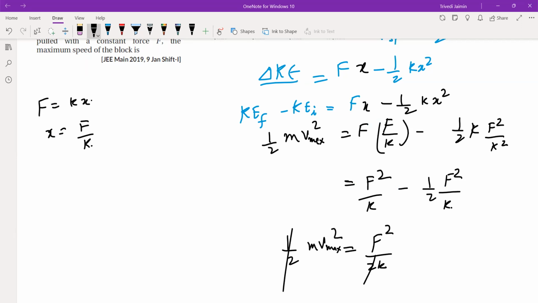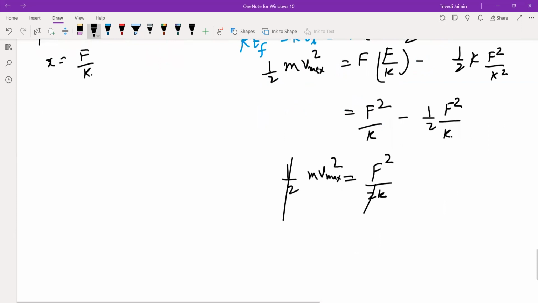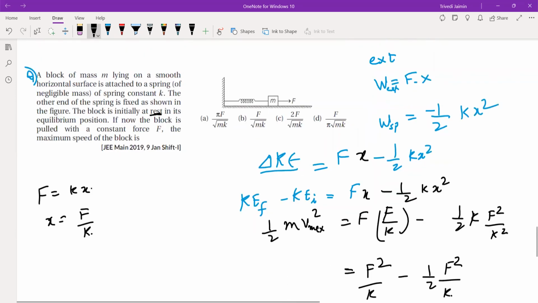Half will cancel. That's it. V max equals F by under root mk. So do we have an option like this? F by under root mk? Yes. Option B.